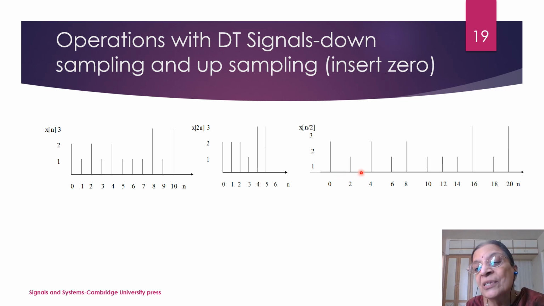You just have to insert zeros. So insert zeros in between and you elongate the signal x of n, and in the other case you shrink the signal x of n by downsampling. So take alternate samples or insert zeros in between every two samples, right? This is called upsampling, this is called downsampling.